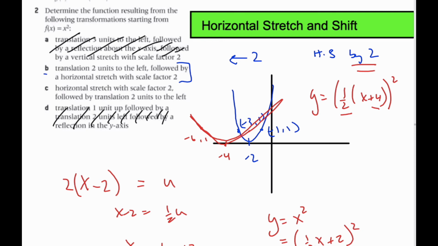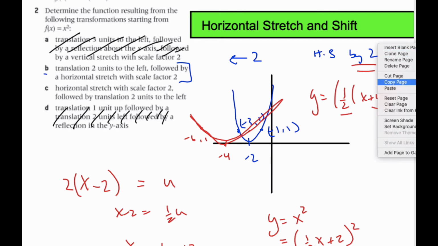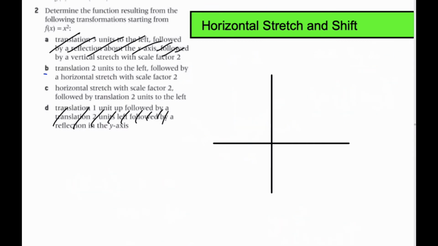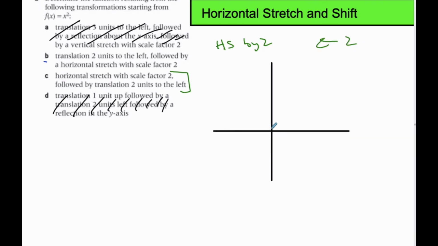When I consider B part, or C part rather, let me clone this page and try C part. Okay, when I try C part now, here we're going to first horizontal stretch it by 2, and then we're going to shift it left by 2. So here's my initial parabola.